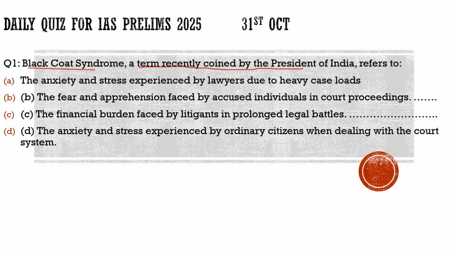If we look at the judges to population ratio, according to the law commission it should have been 50 judges per million. But if we look at the current situation in our courts, it is just 21 judges per million. So even the recommended ratio is not available in our courts.